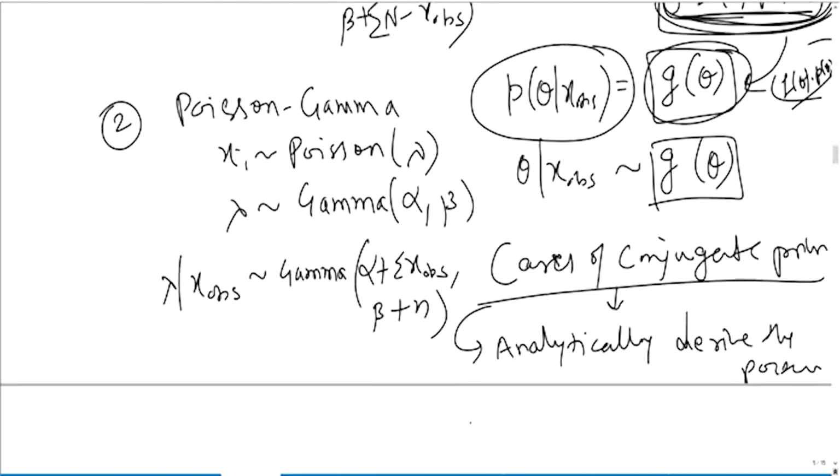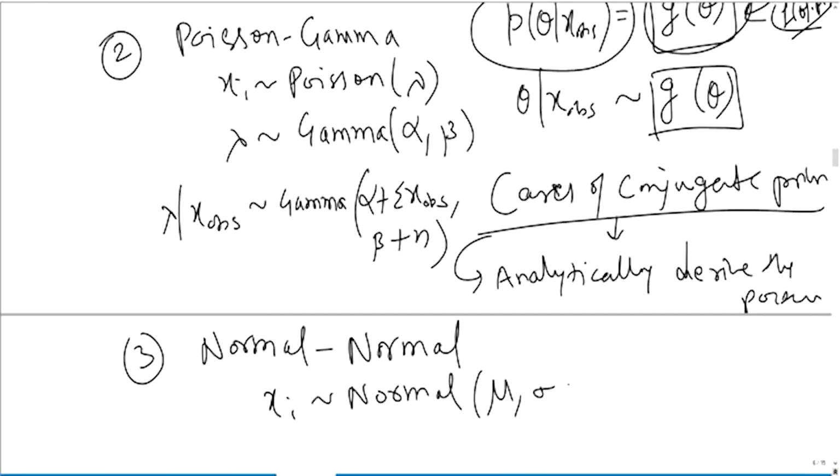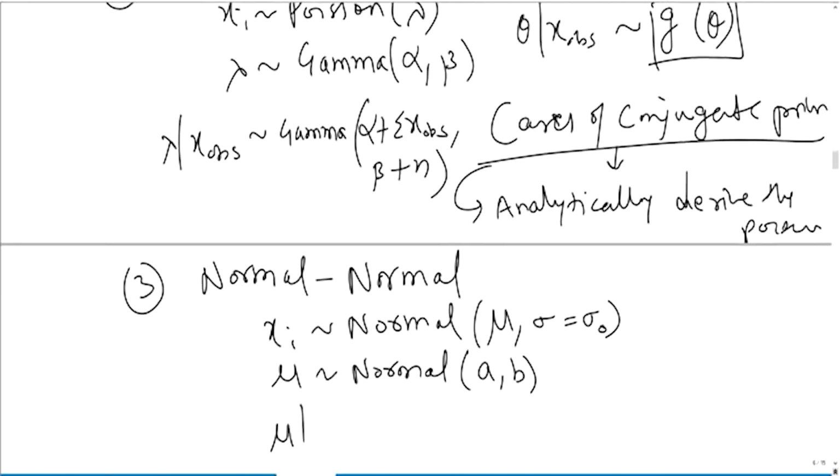For example, for a normal likelihood with known variance, a normal prior on mu is a conjugate prior. So, if you have, let us say, xi comes from normal mu, and sigma is fixed, let us say sigma naught, then if you choose a normal prior on mu, let us say normal a b, the posterior distribution of mu would be a normal distribution with certain mean and variance.